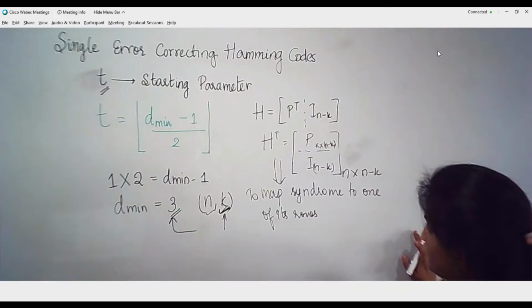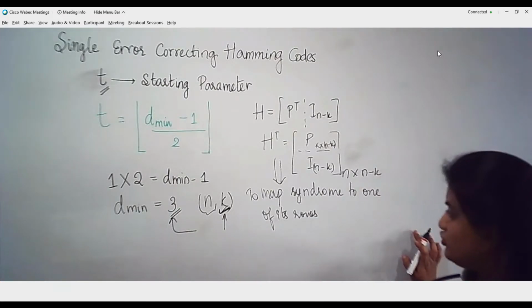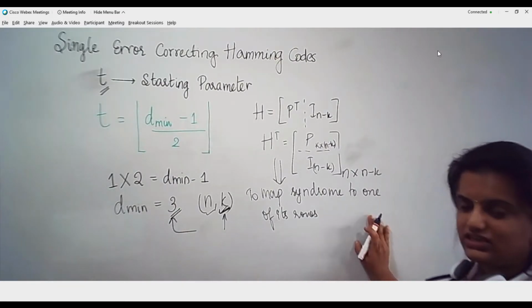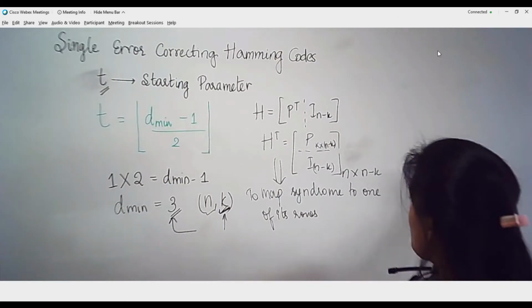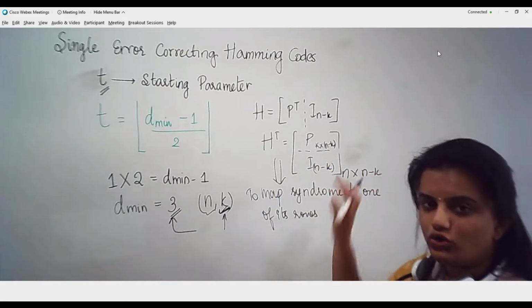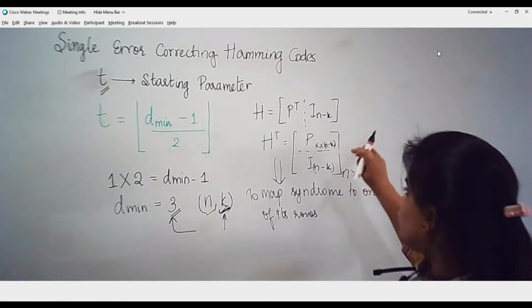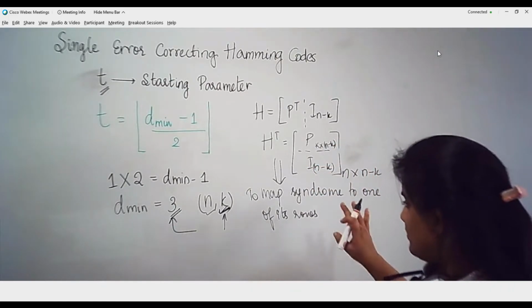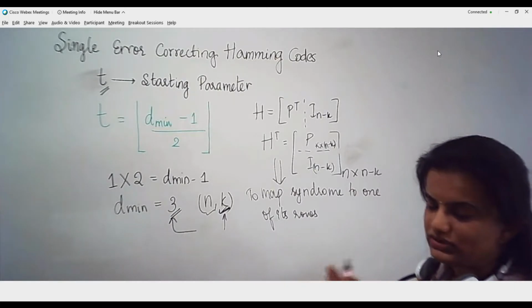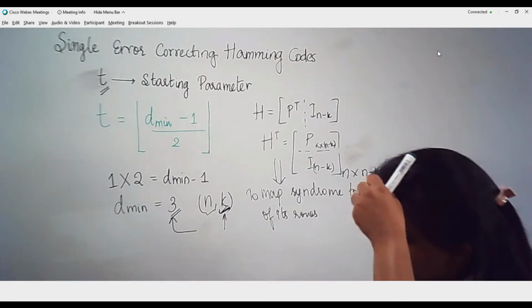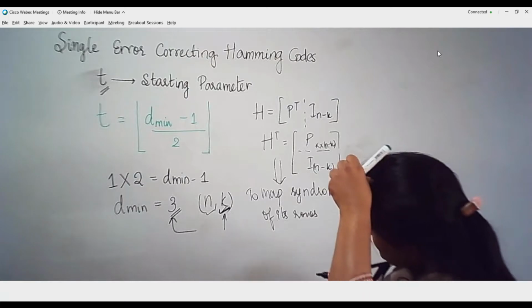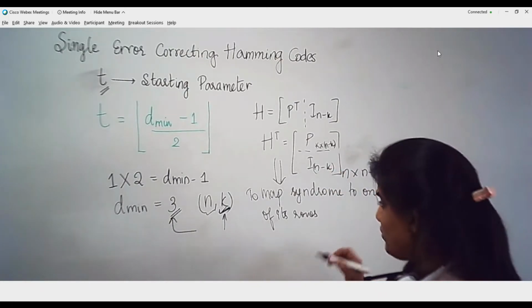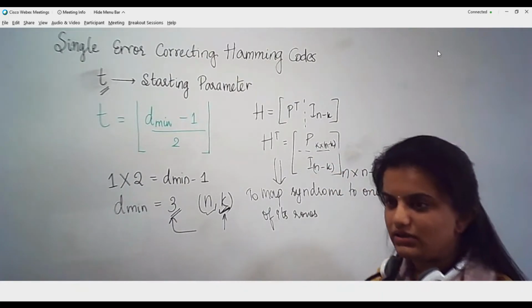So what we are trying to do here is, from the syndrome of the size N minus K that I am obtaining, I will try to map the syndrome to one of the rows of this transpose parity check matrix. So keeping that in mind, how many possible syndromes can be made?